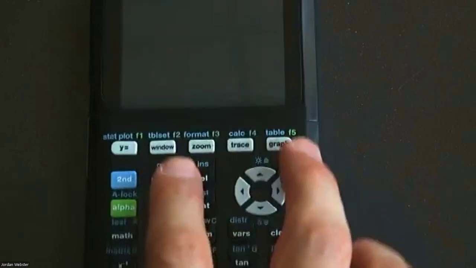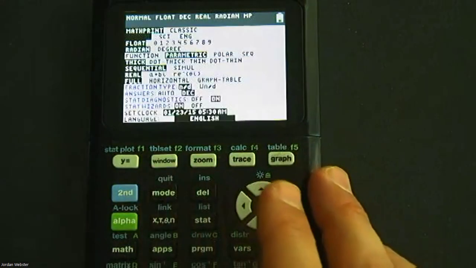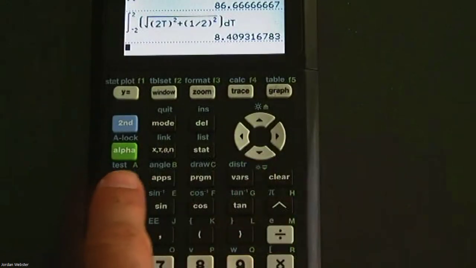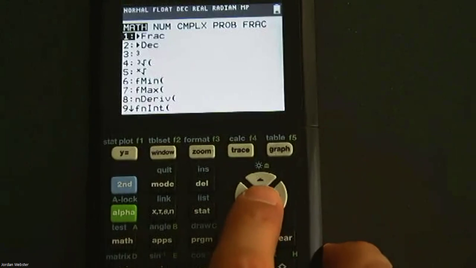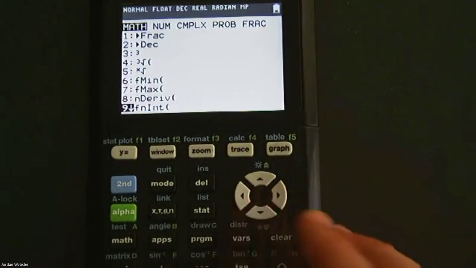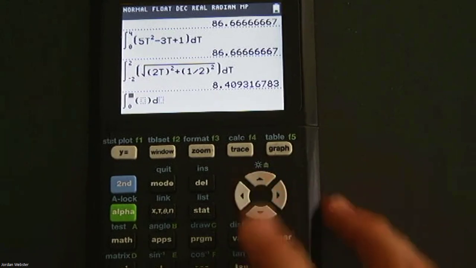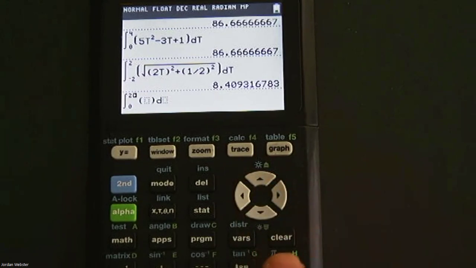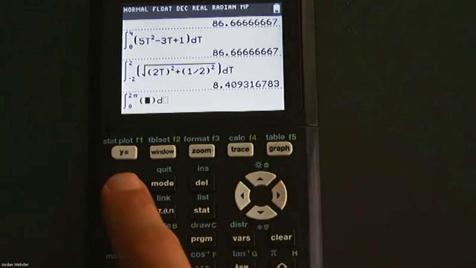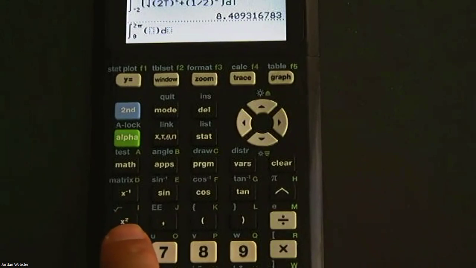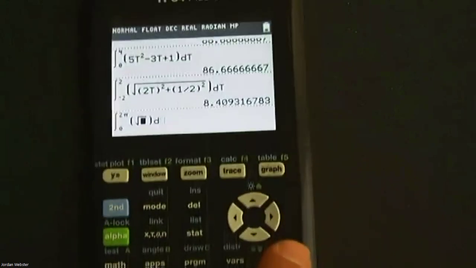So I'm already in parametric mode. So now I just go to math, number 9, my function integrate, 0 up to 2 pi. Remember, pi is second and then the caret key. Then square root is second and the x squared key.